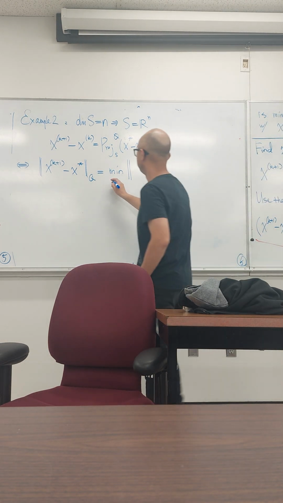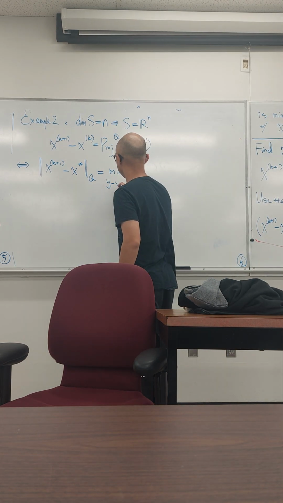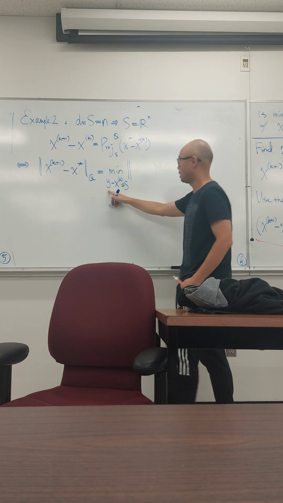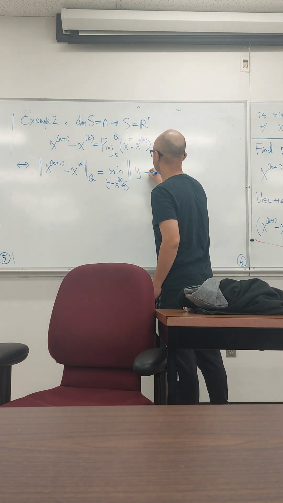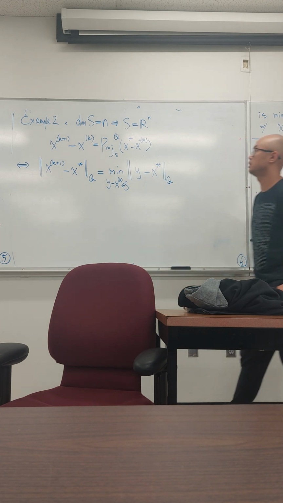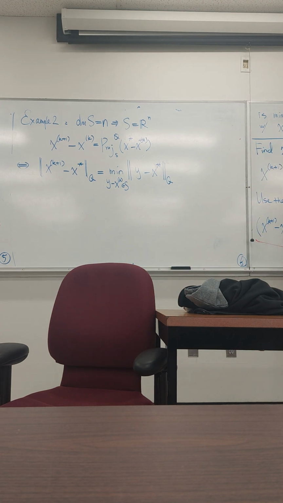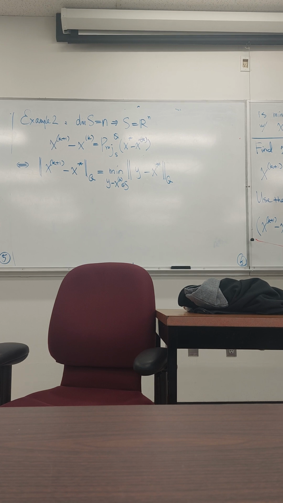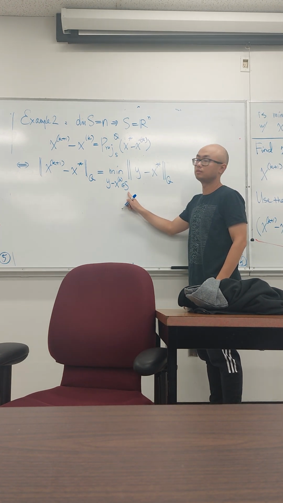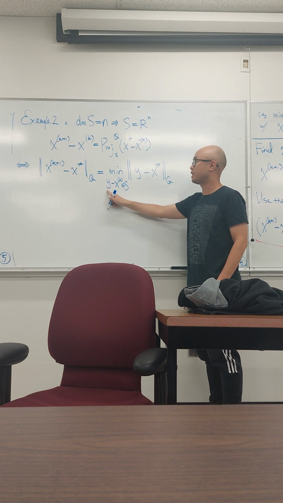The minimum of y subtract x star. So we search for the minimum over y. This is equivalent to saying we search our next iterate in the subspace S, so y is like our next iterate.